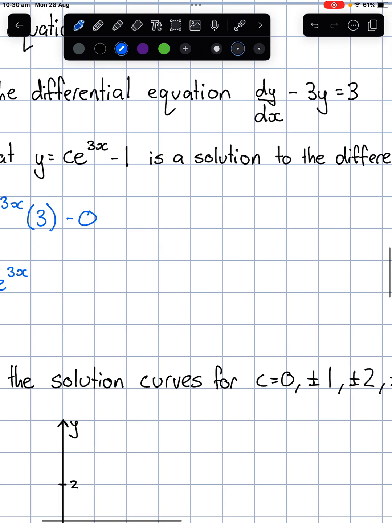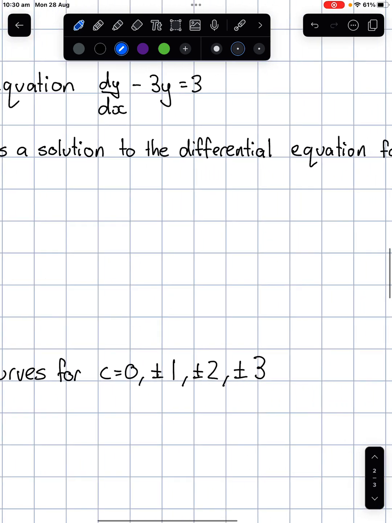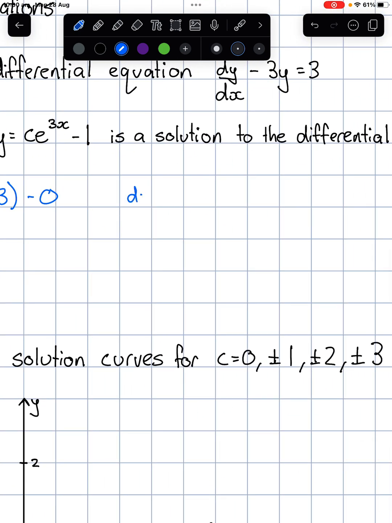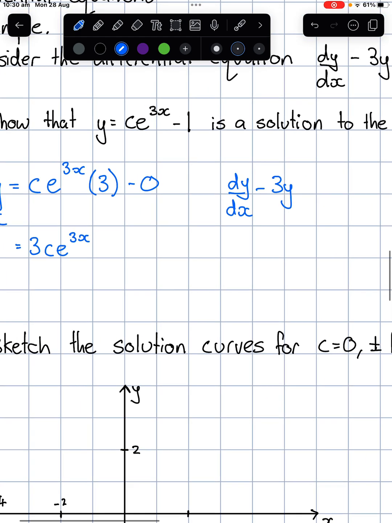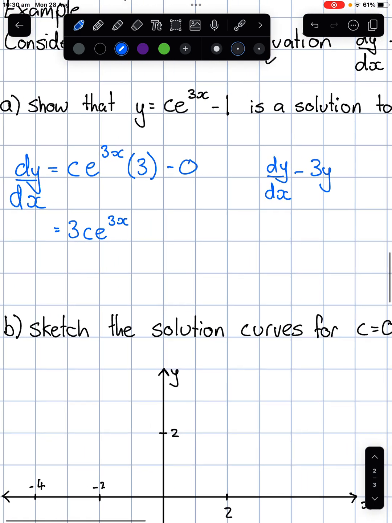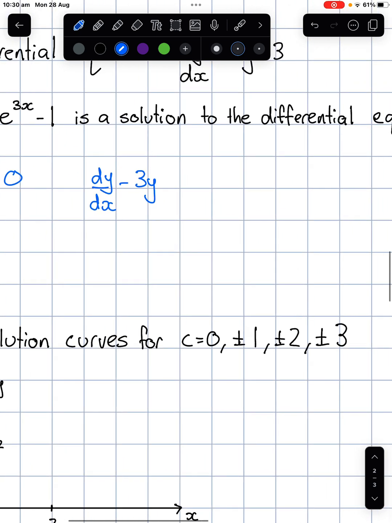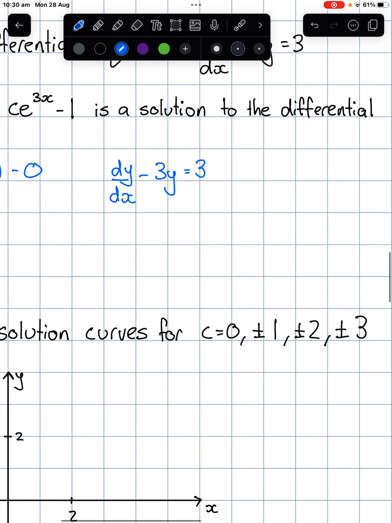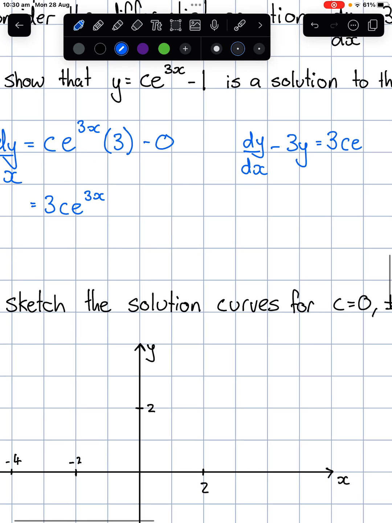And so now we're showing that it's a solution for our differential equation we were given above. Our differential equation was dy/dx minus 3y equals 3. So let's do dy/dx, which was 3Ce to the 3x.